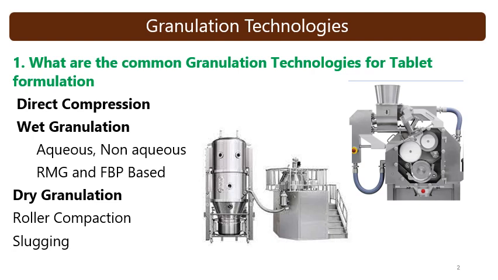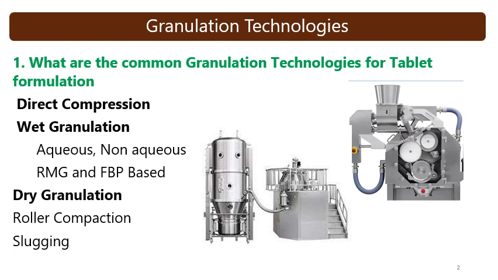What are the common granulation techniques for tablet formulation? So granulation is a process involved in the manufacturing of tablets and also capsules. So tablet formulations are made by three technologies. Mainly these three techniques are used very widely.